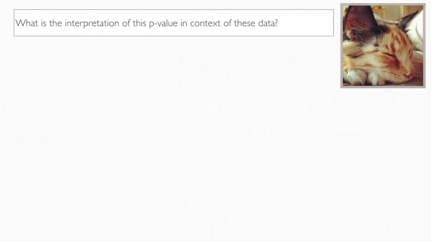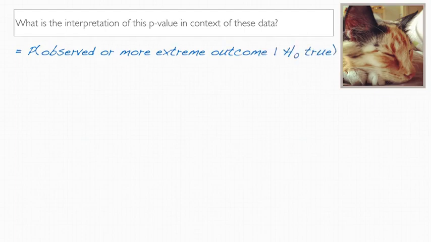Next question is, what is the interpretation of this p-value in context of these data? We know that the p-value is basically the probability of observed or more extreme outcome given that the null hypothesis is true. Let's also bring back some of our sample statistics that we've seen earlier, as well as our hypotheses, to help us construct a phrase that actually interprets the p-value in context of these data.